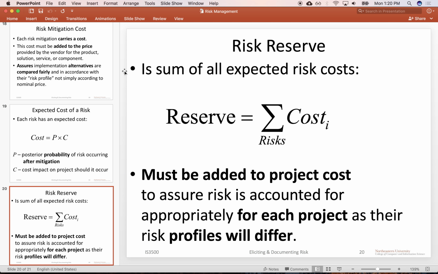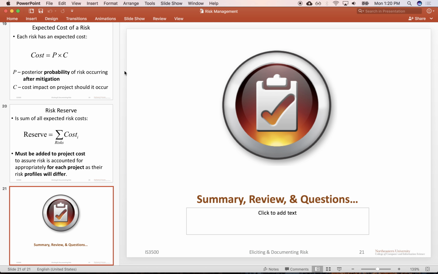I need to add it to the overall project to be able to compare. Now, each one of these costs is perhaps spread over multiple projects, because there might be multiple teams that might be dealing with different aspects of the product, and they all need to be considered in tandem. Okay. All right.